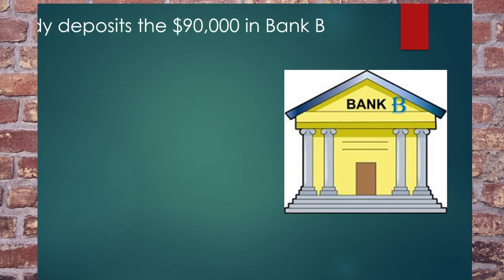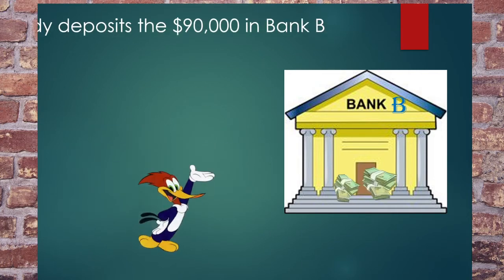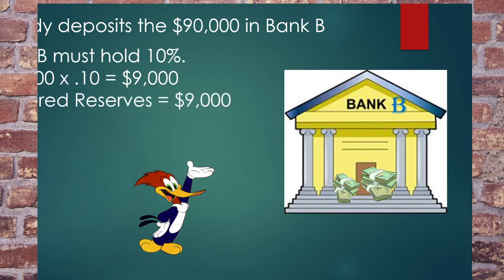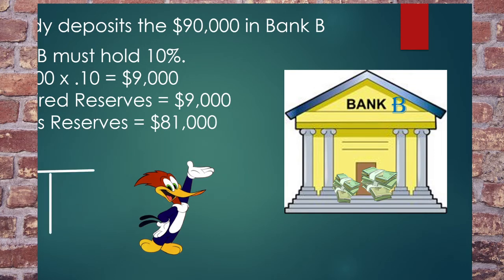Woody then deposits the 90,000 in Bank B. Same rules hold. Bank B must hold 10%. 90,000 times 0.10 equals 9,000, which means we have $9,000 of required reserves. If we have 9,000 required reserves, we have excess of 81,000. Quick look at Bank B's balance sheet.